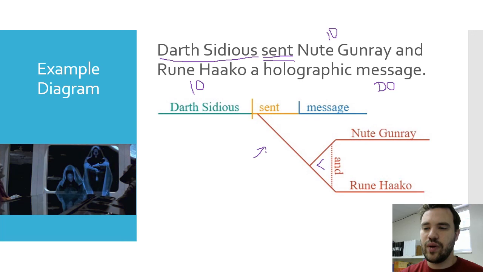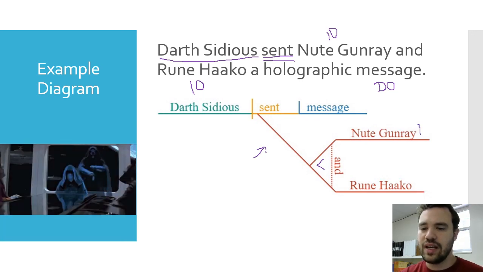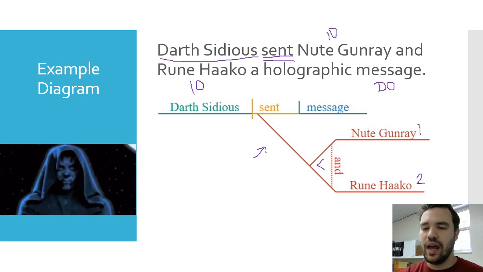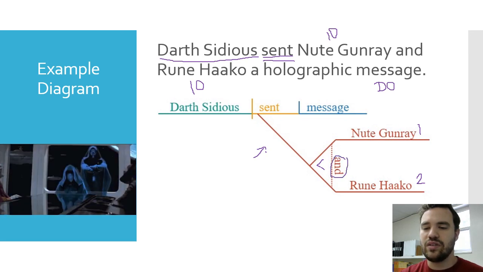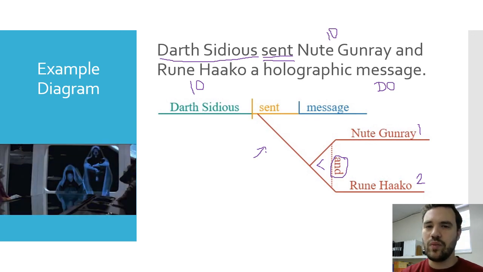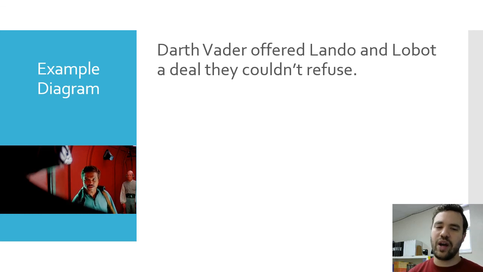And we've got indirect object number 1 comes first in the sentence, Newt Gunray, on the top line. And indirect object number 2, Rune Hako, comes second in the sentence on the bottom line. And then, of course, we've got our conjunction on the dotted line in the middle. All right, let's look at one more example with a compound indirect object, and then we'll get you guys practicing.